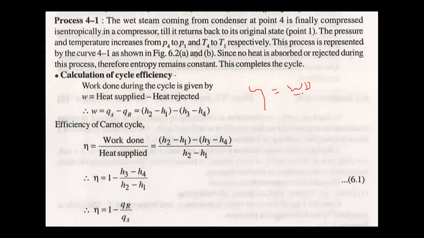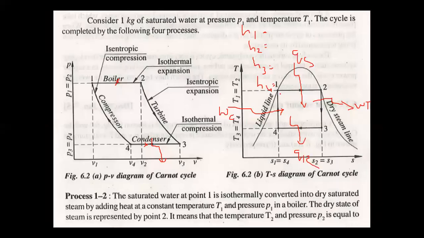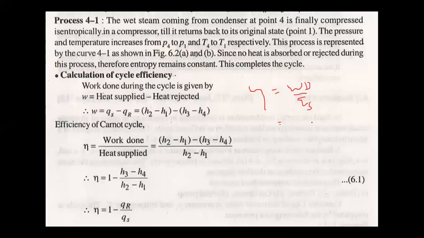Efficiency is equal to work done upon heat supply. Here we get work done in two ways, by heat supply minus heat rejection, or say H2 minus H3. So ultimately H2 minus H3 upon heat supply, which is H2 minus H1, or we use the second formula, which is heat supply minus heat rejection.